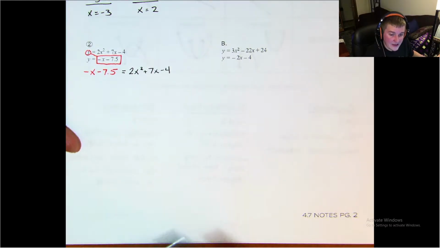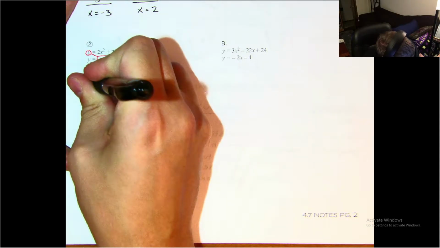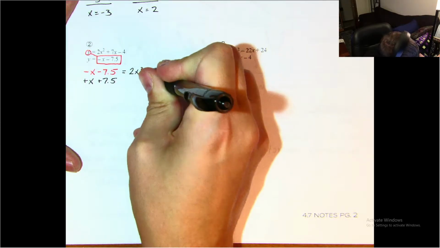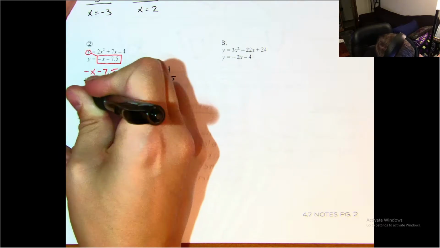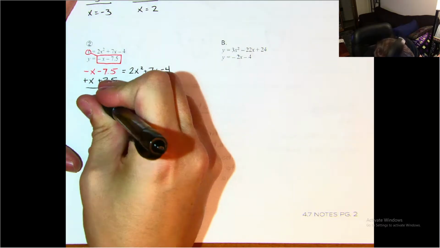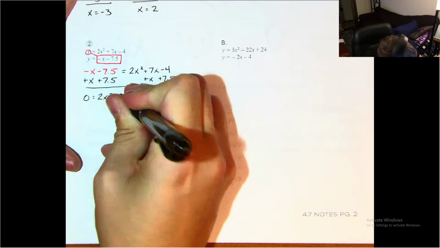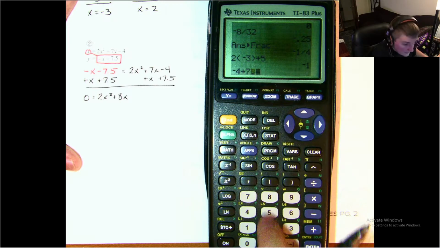Okay, and then I can go ahead and set this equal to 0. So I'm going to go ahead by adding x and adding 7.5. So then I'm going to get 0 is equal to 2x squared plus 8x, negative 4 plus 7.5, negative is 3.5, so plus 3.5.